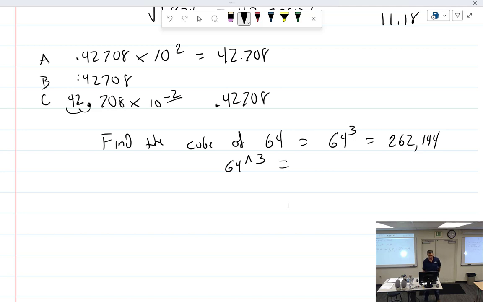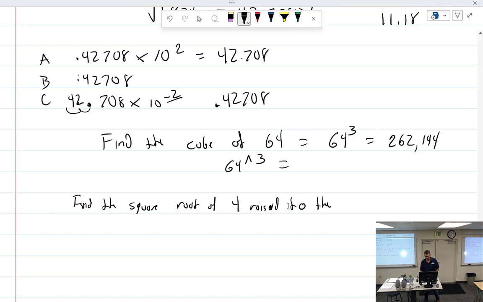Find the square root, and it's written out again. Find the square root of 4 raised to the 5th power.